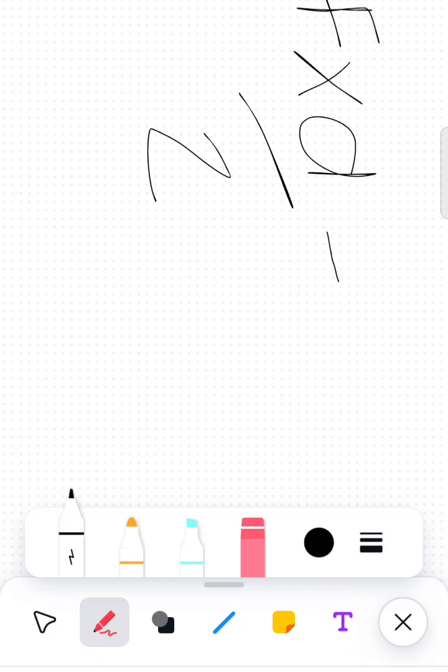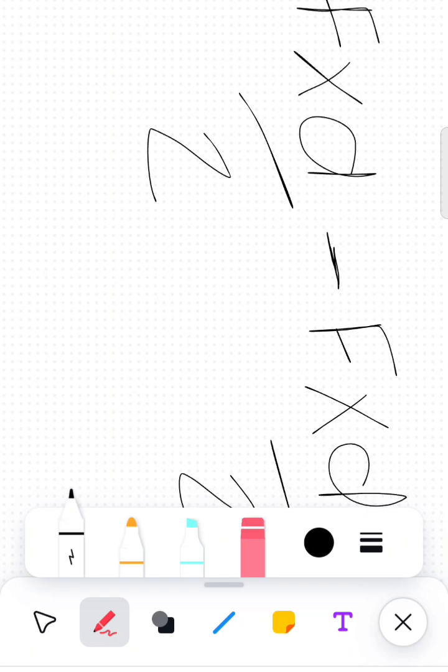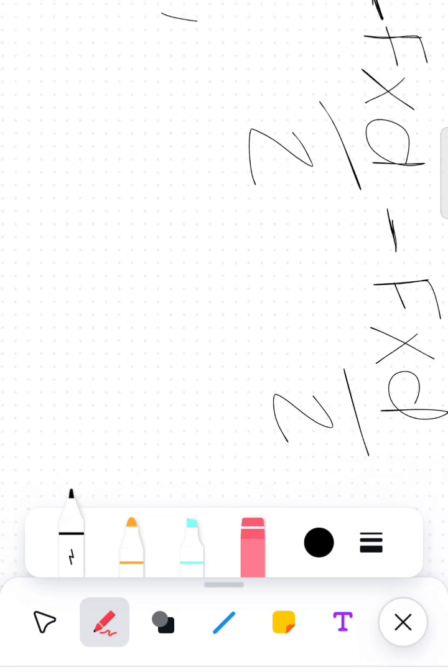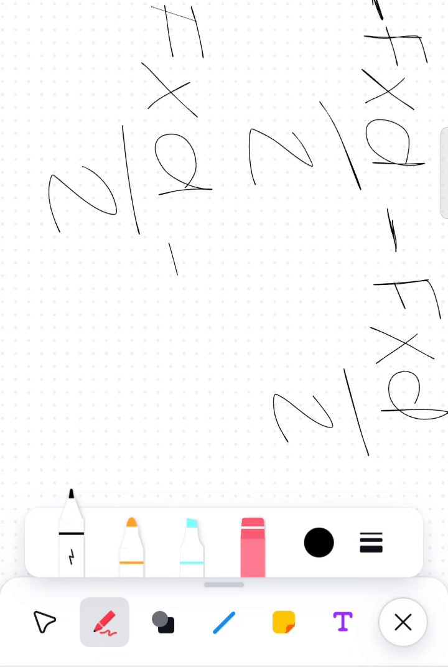Now again here minus F into d by 2. So minus and minus get added, so F into d by 2 plus F into d by 2.